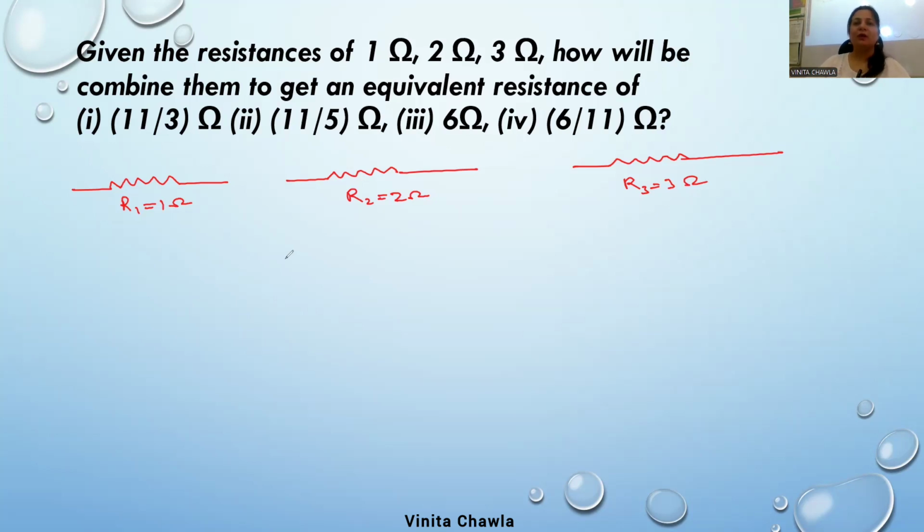How will we combine them to get an equivalent resistance of 11 by 3 ohm, 11 by 5 ohm, 6 ohm, and 6 by 11? We have 3 resistors. So R1 is 1 ohm, R2 is 2 ohm, and R3 is 3 ohm.